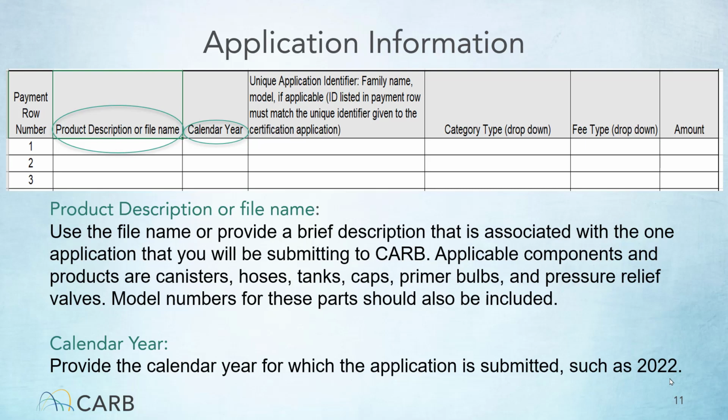A description for container product families could include portable fuel container, or PFC, or outboard marine tank, OMT, plus the family model number. In the next column, provide the calendar year for which the application is submitted, such as 2022.